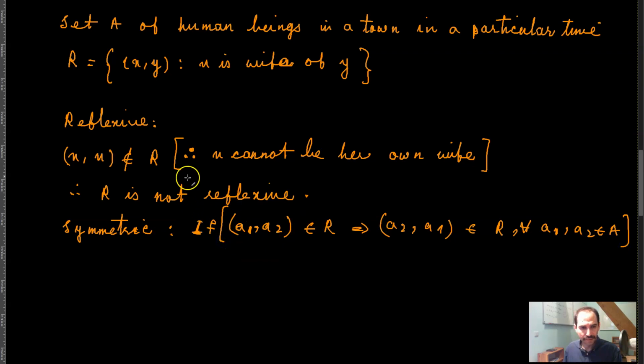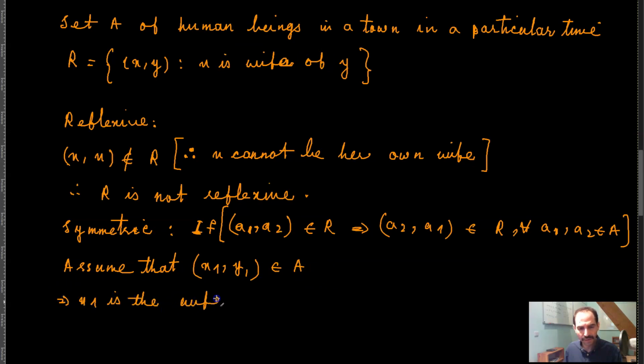Now let's assume that some (x1, y1) belongs to R, which means that x1 is the wife of y1.